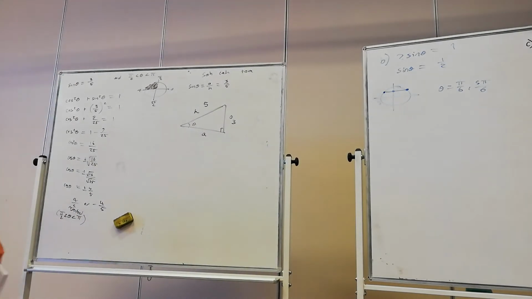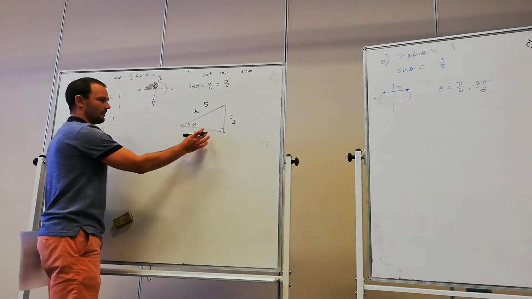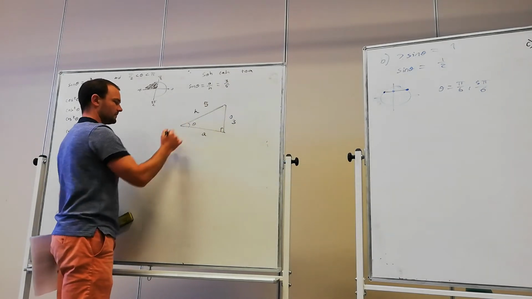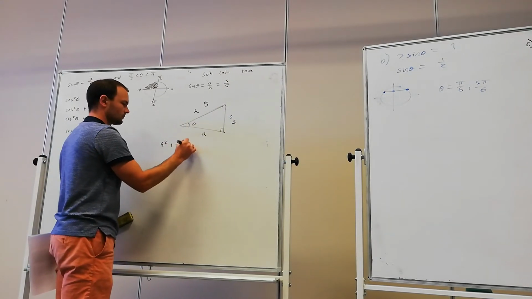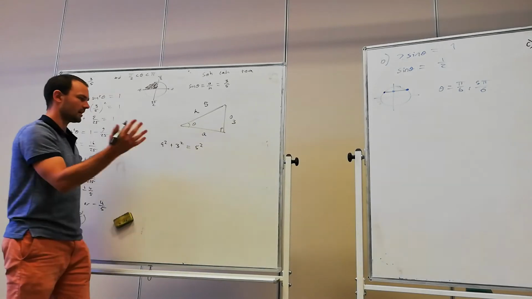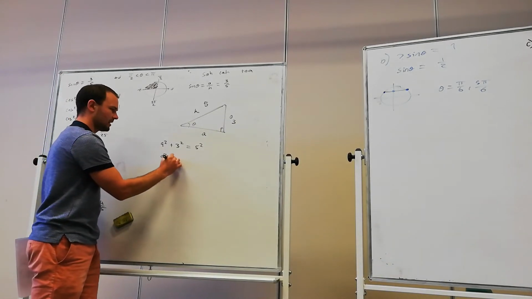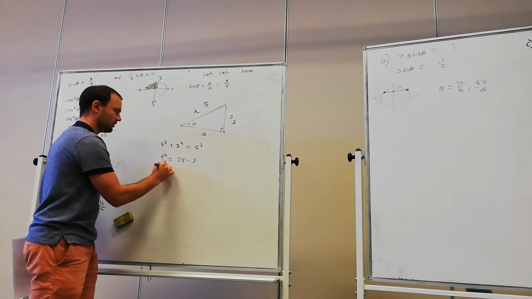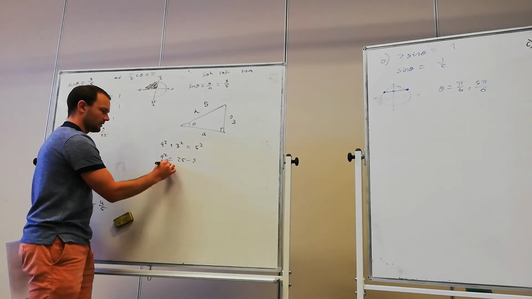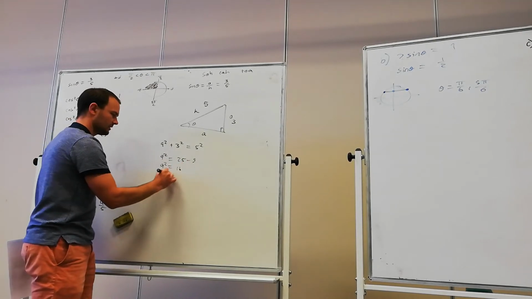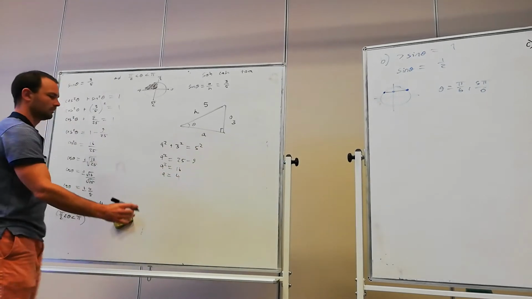Then we do some Pythag to find A. A squared plus 3 squared equals 5 squared. Rearranging, A squared is 25 take 9, so A squared is 16, which means A is plus or minus 4.